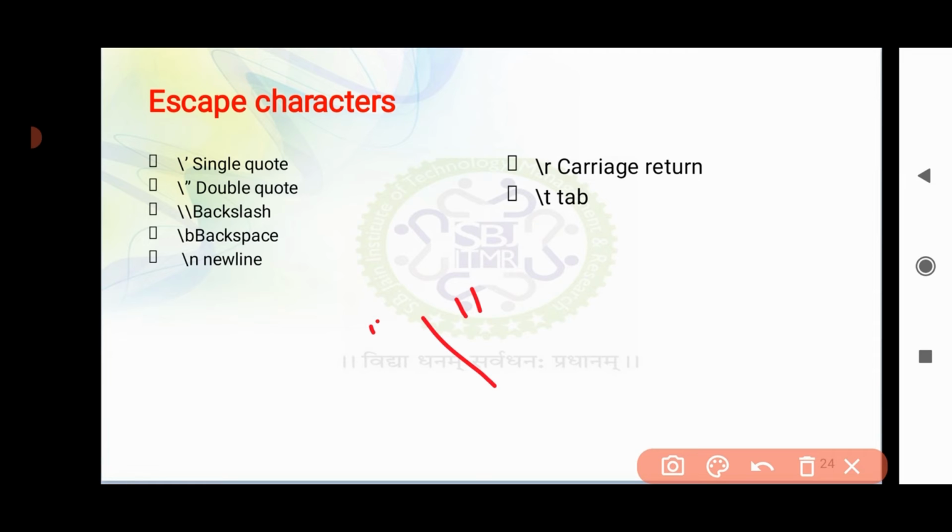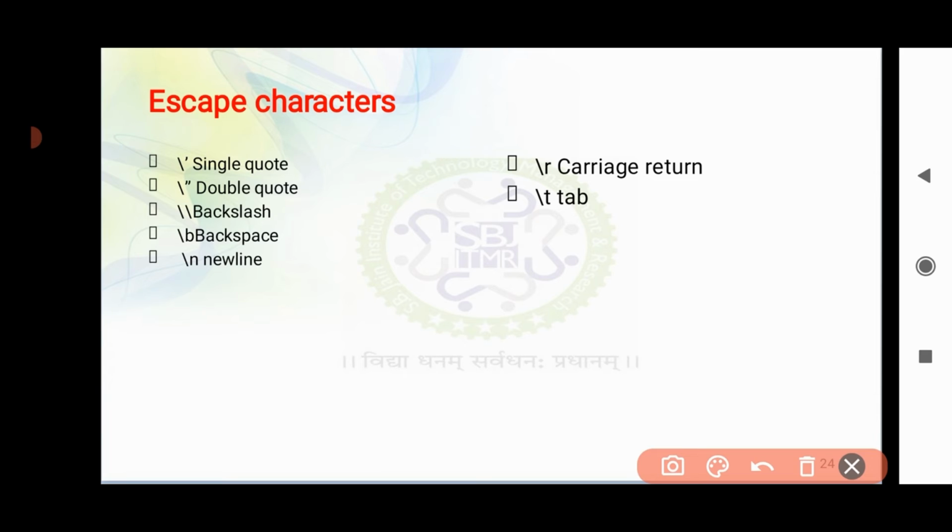For example, \t can be used for tab. Then \n can be used for a new line. In the same way, \r can be used for carriage return. These are things you have already seen while doing the C programming language. It is quite similar to that.